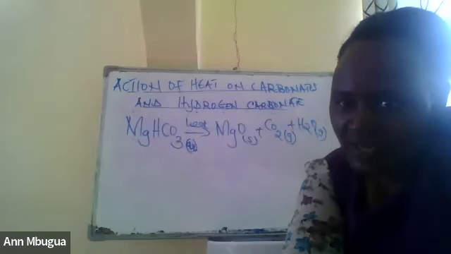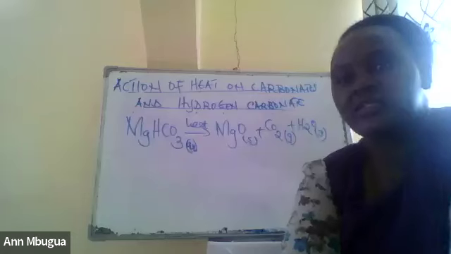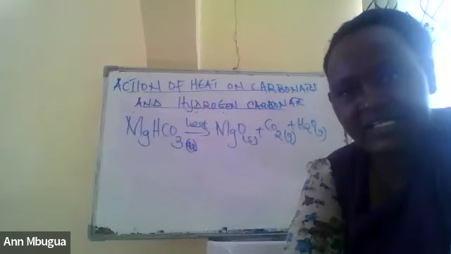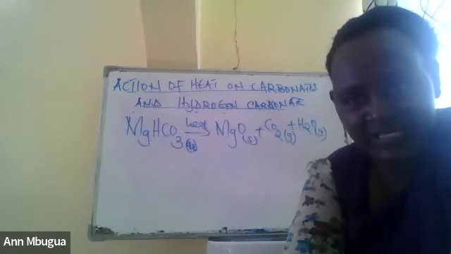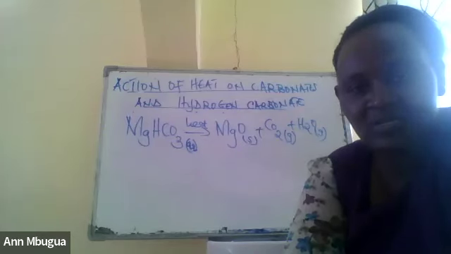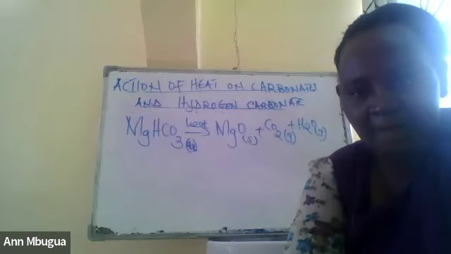Someone is asking what happens when you heat ammonium carbonate in the presence of moist blue and red litmus paper. I think I've explained that. Ammonium carbonate decomposes on heating to give three products: one, ammonia gas, two, carbon dioxide, and three, water. The ammonia gas is the only gas that portrays the alkaline properties.